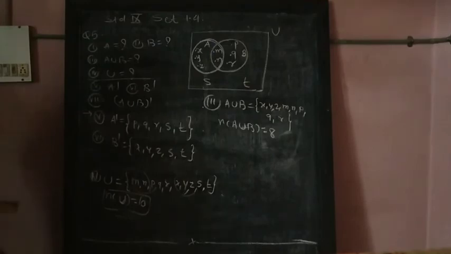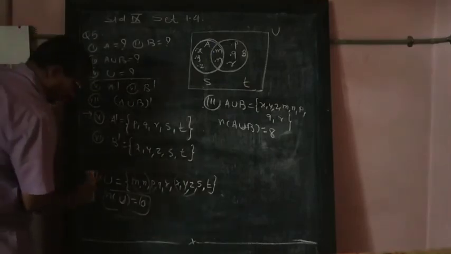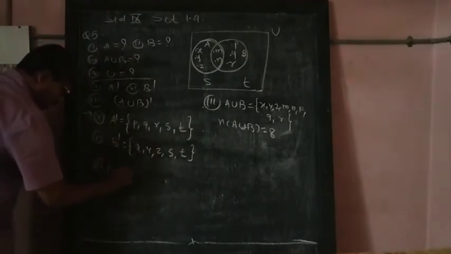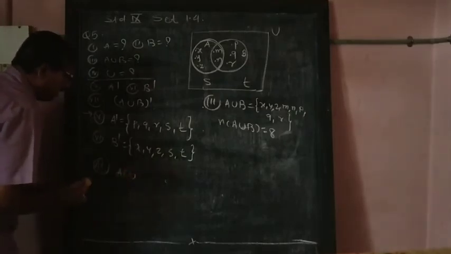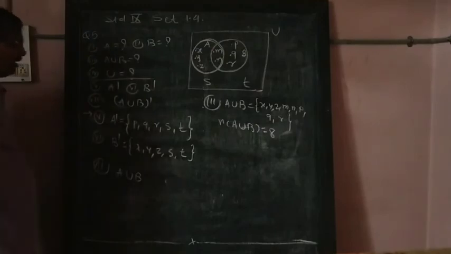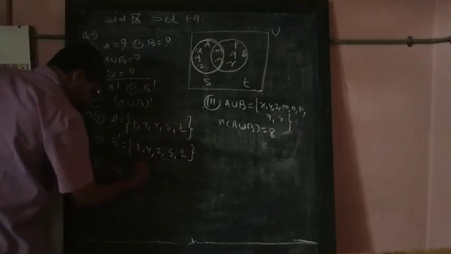Now next, in question number 7, it is asked that you find A union B complement.